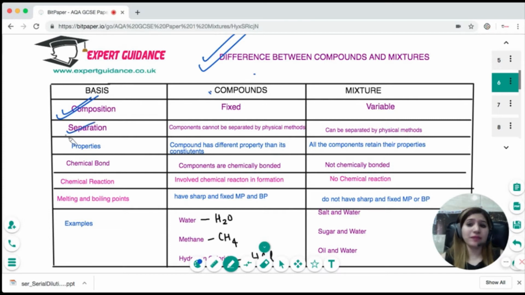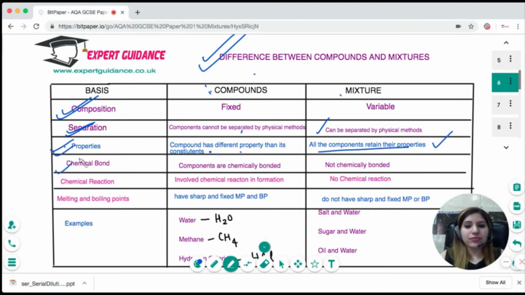Compounds cannot be separated by physical means, but mixtures you can separate by physical means, like evaporation, crystallization, filtration. In terms of properties, a compound has different properties than its constituents. For example, water has completely different properties from its constituents, hydrogen and oxygen. In mixtures, all the components retain their properties.